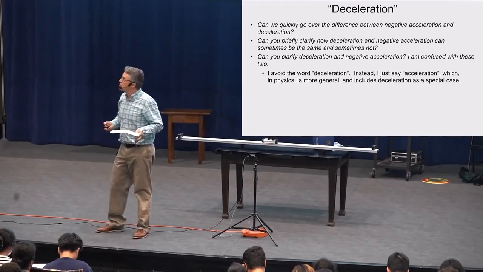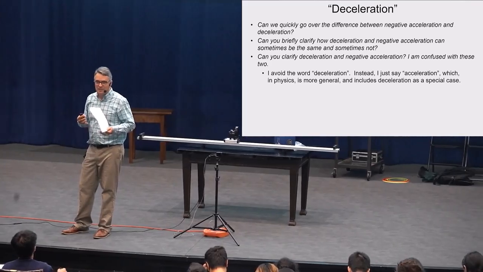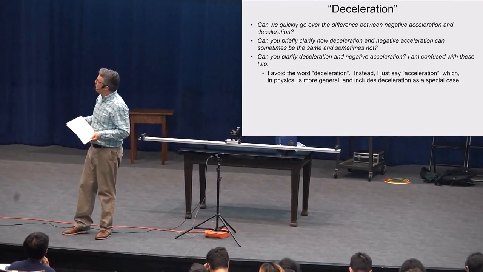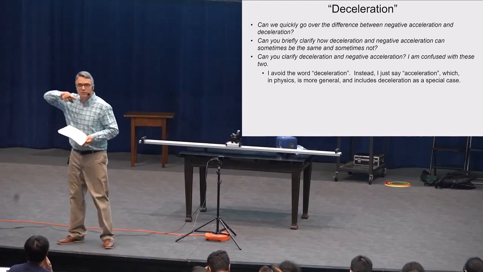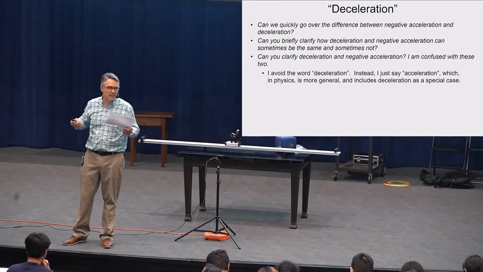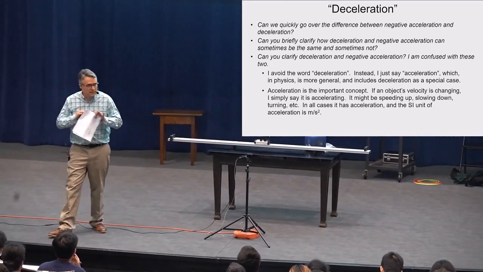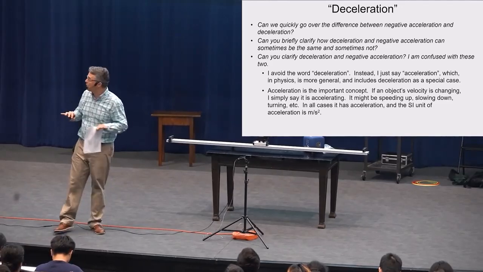So in fact, I don't even use the word deceleration. It doesn't really help anybody. I just say accelerate. So in physics, the word acceleration is more general, okay? And deceleration is like a special case of acceleration. But better to just use acceleration. That's the important concept here.